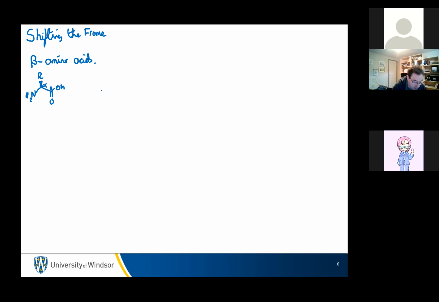A beta amino acid has the R group and a nitrogen, by default, beta to the carboxylic acid. So what we've just done is add an extra CH2 between the amine and the carboxylic acid. So we suddenly change the spacing there.